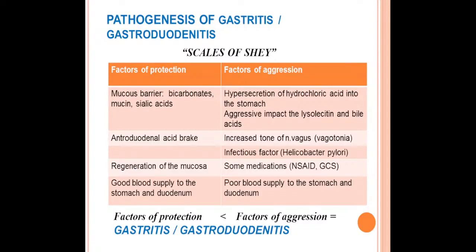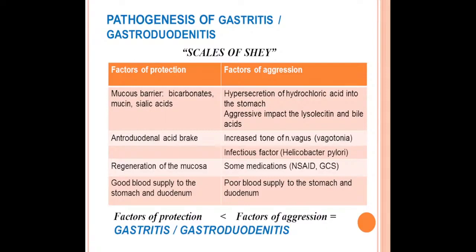Increased tone of the nervus vagus, or vagotonia. In the last century, the 20th century, the theory about the nervus vagus as the reason for peptic ulcer, gastritis and gastroduodenitis was very popular, and sometimes vagotomy surgeries were performed, but the results of these surgeries were not a very high percent of positive recovery.